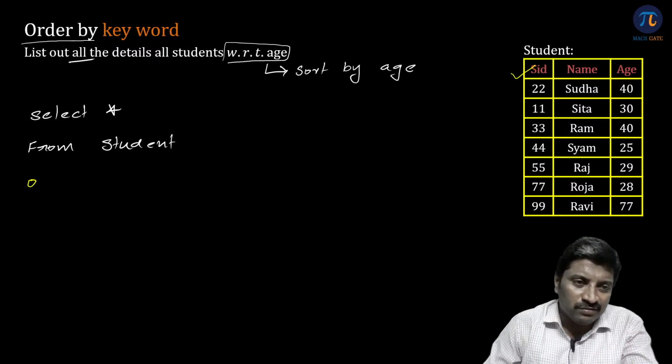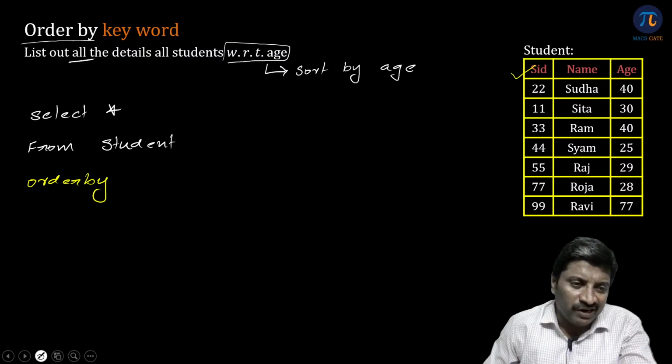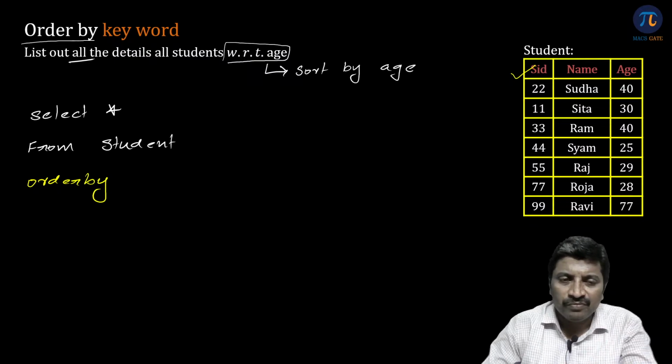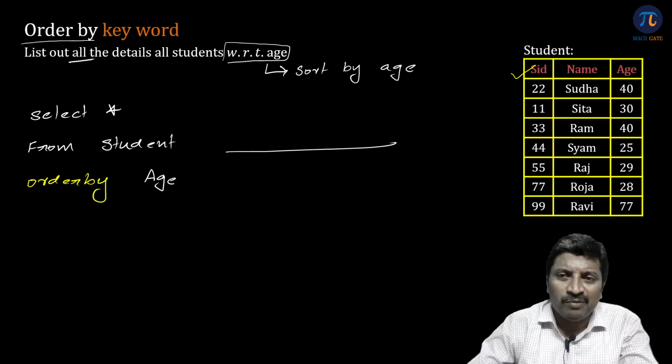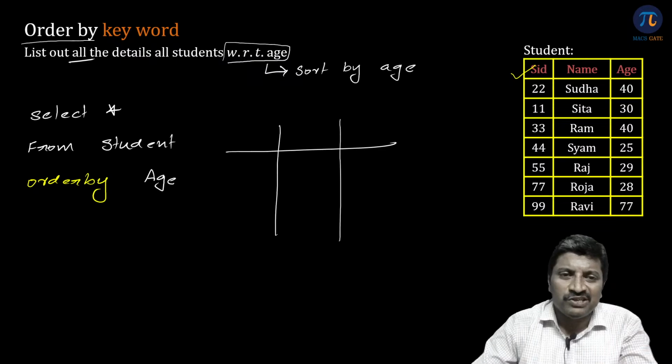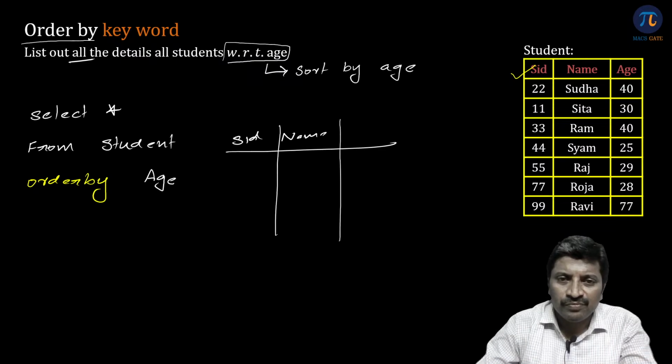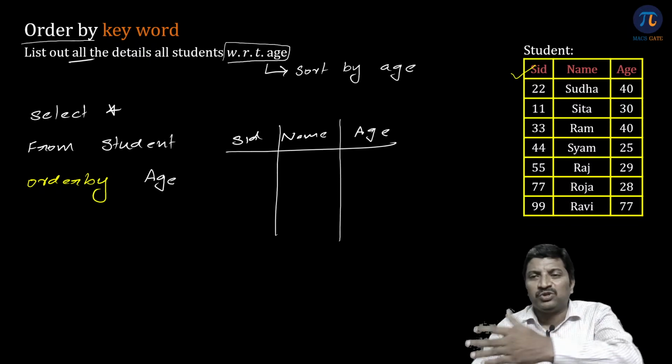But if you specify order by the attribute age, then the same information is shown with age from small number to big number.